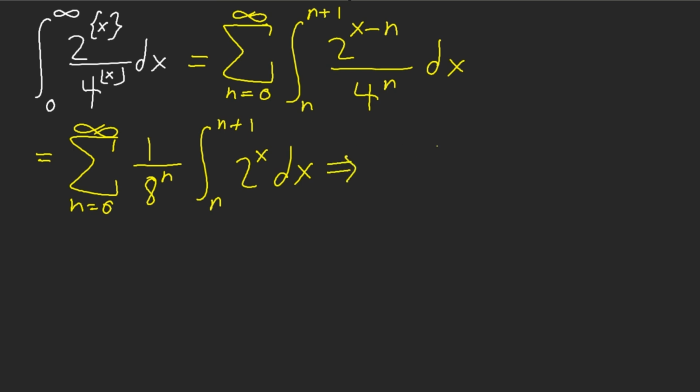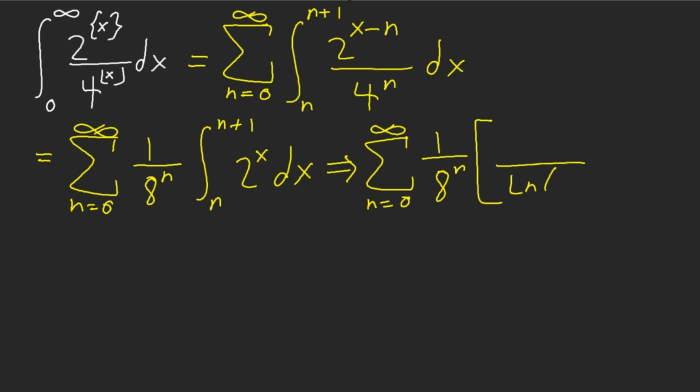Which actually, I'll write the whole sum again. So this would be like, we'll have ln of 2. Oh no, I'm sorry, it'll be divided. ln of 2 at the bottom, and then 2 to the n plus 1 minus 2 to the n. Okay, so that's our sum. 2 to the power of n, can we factor that out? I think we can. Yes.